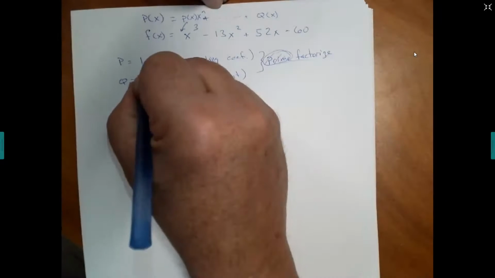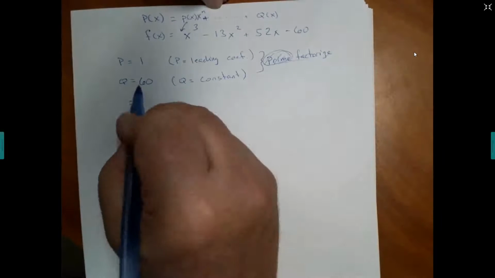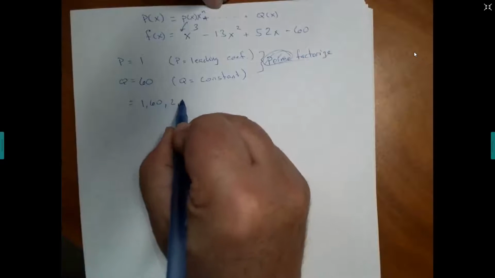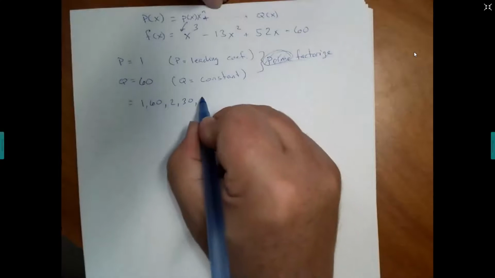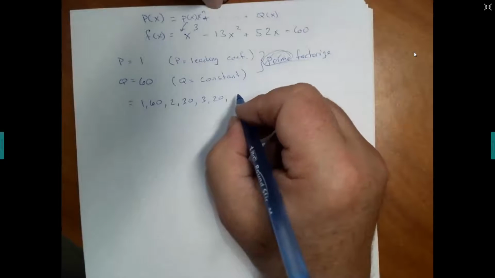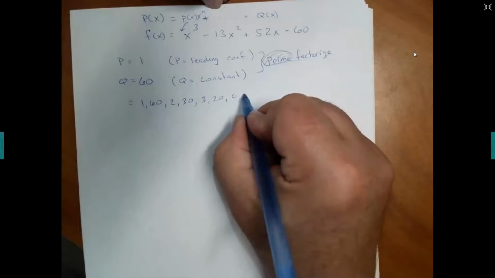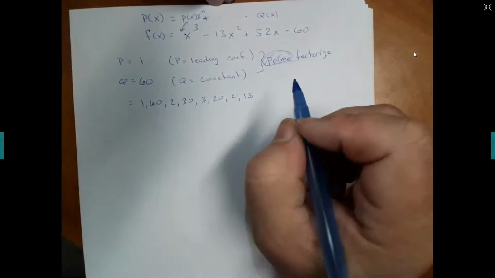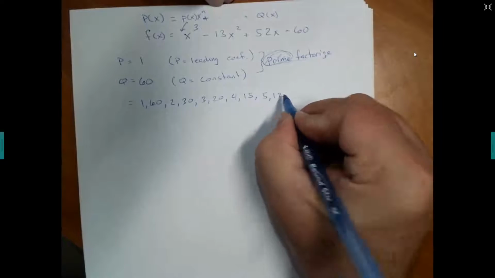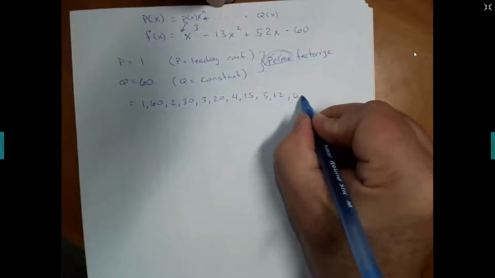So 1 just breaks down into 1 by itself. But 60 can be 1 times 60, 2 times 30, 3 times 20, 4 times 15, 5 times 12, and then 6 times 10.